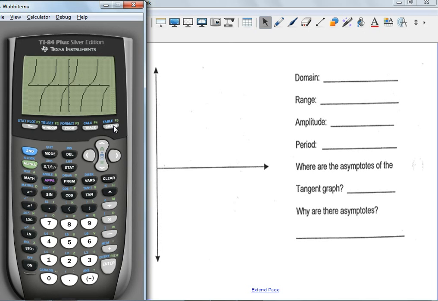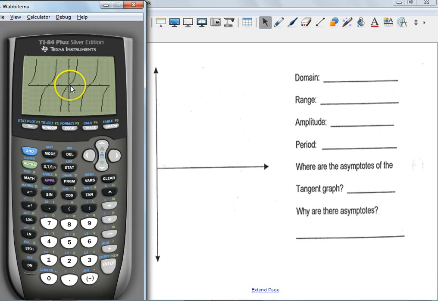Do you notice that there are more cycles going on in this screen than the previous few? That means that tangent has a shorter period than sine or cosine. Sine or cosine normally had a period of 2 pi. Does anyone think they know, besides Taylor, what tangent's period is? Pi.